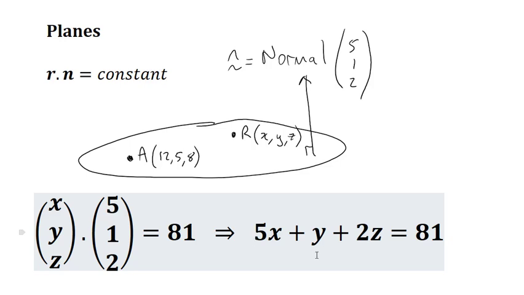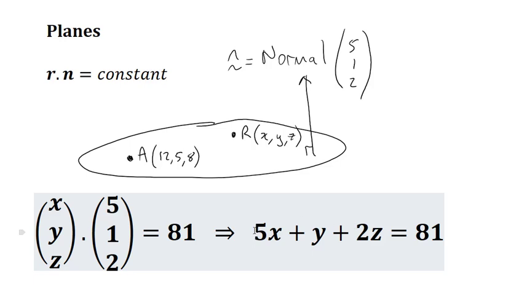You're familiar with y equals mx plus c, but you don't often see a z coordinate in a Cartesian equation, partly because the equation of a line in Cartesian is a real pain in the neck. That is on our syllabus. But in the case of planes, they are really nice.